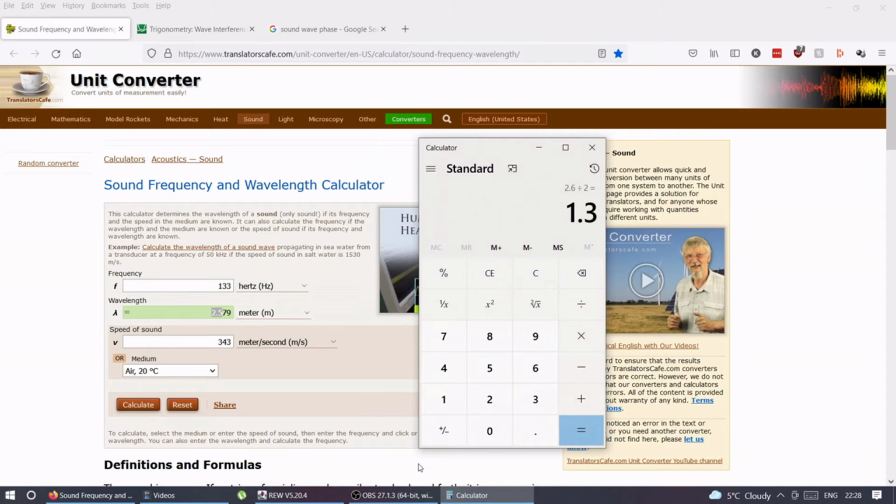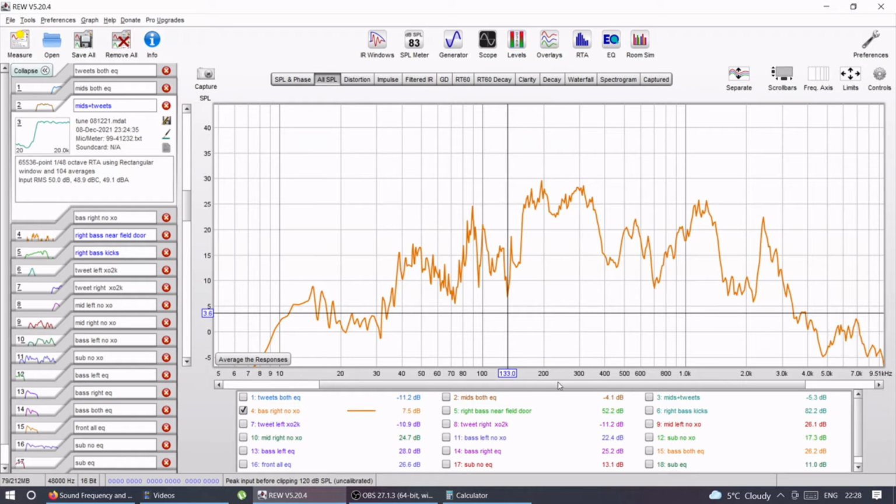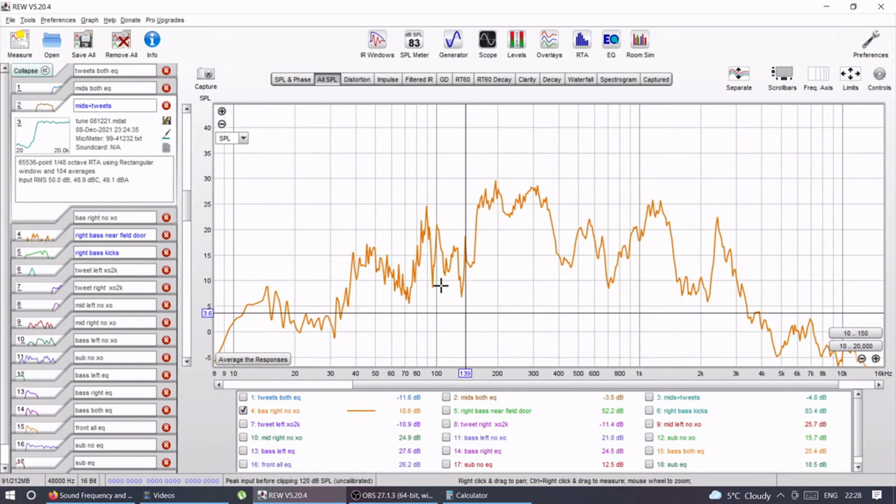So this cancellation is caused by the sound wave coming directly to me and one bouncing back from the side, the passenger side door, and they cancel each other out. So these two cancellations, they are very, very common and are apparent in all the cars.